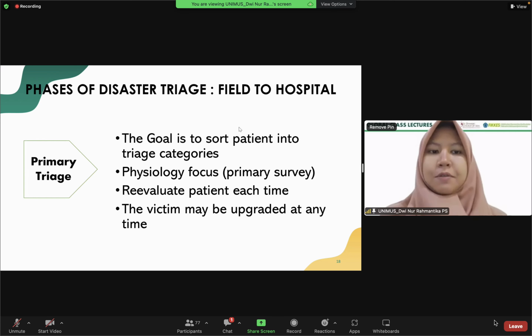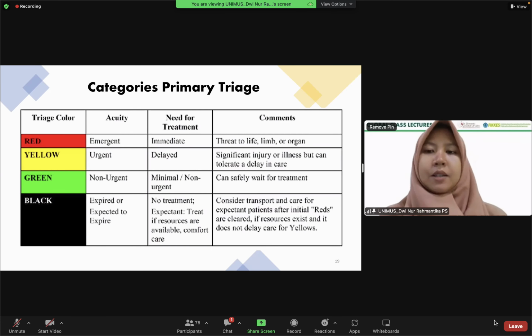In this phase, we also make the decision: is the patient upgraded or downgraded? Did they get better or worsen? If they are better, they can move to another hospital or medical facility, or they may worsen.